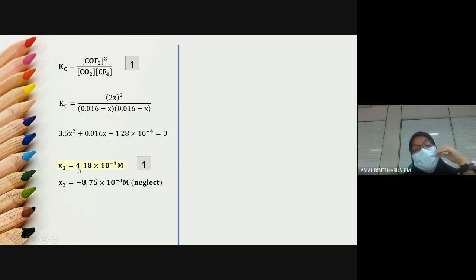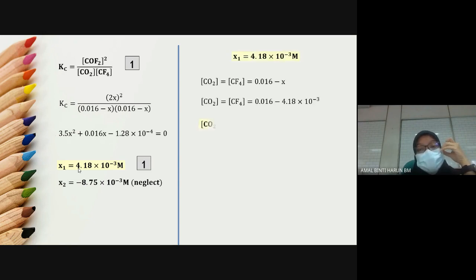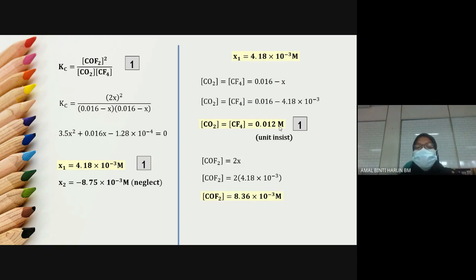So take the first value of X. Now we have the concentration of both reactants and product at equilibrium. Substitute the value of X, and you can find the equilibrium concentration of CO2 and CF4, 0.01. So what did the question ask for? The concentration at equilibrium. Yes, this one and this one. Any questions? Is there another way to ask this?